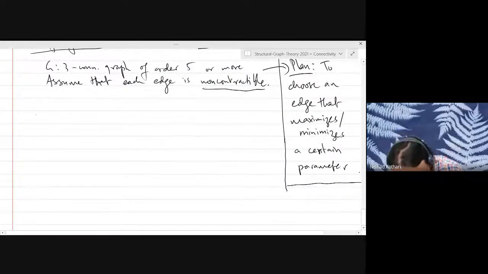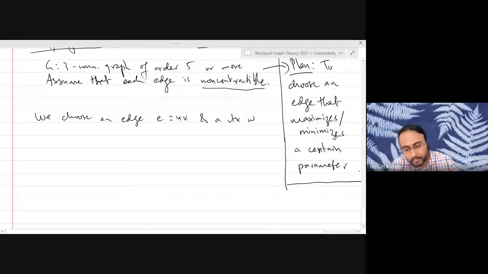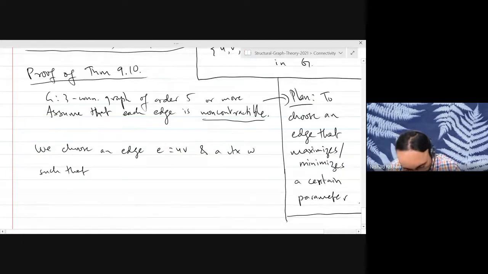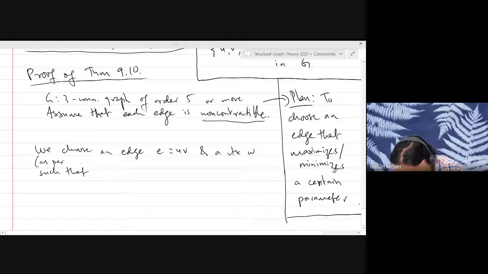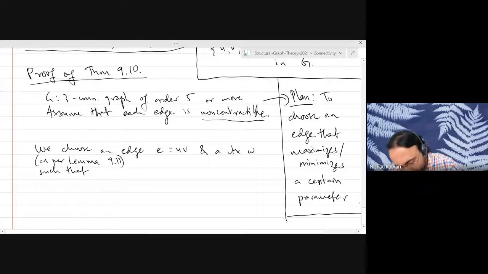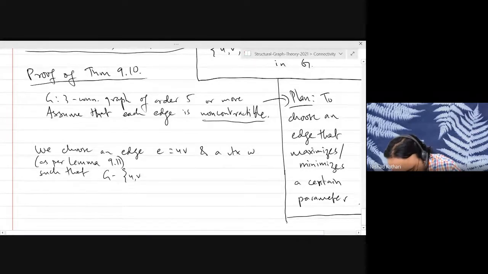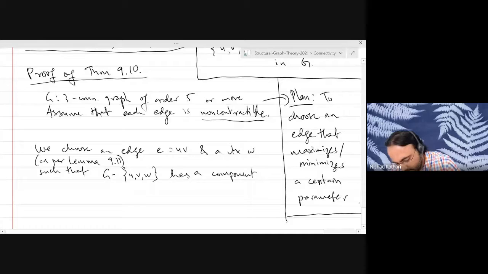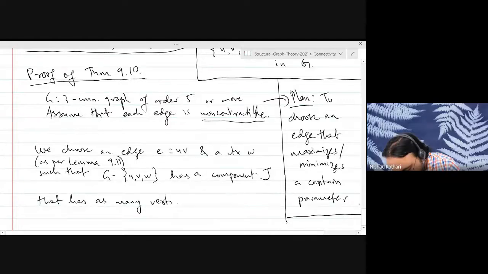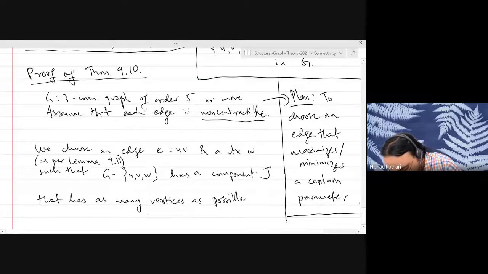So we choose an edge E, UV, and a vertex W such that, as per lemma 9.11, when you delete the vertices U, V, W, there is a component, let's call this component J, that has as many vertices as possible among all such choices.